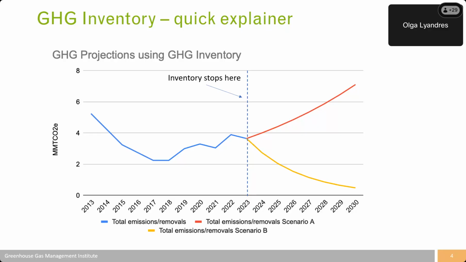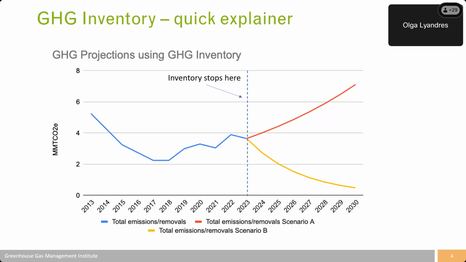Then what is shown to the right of the dashed line is what can occur when the state sets reduction targets, and you can then project out what may happen in the future as a result of implementation of particular mitigation approaches, or emissions that continue to occur if nothing is implemented in terms of climate reduction goals.